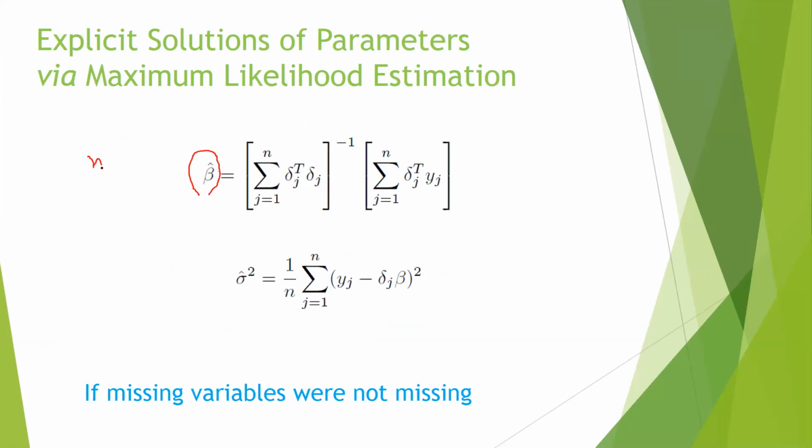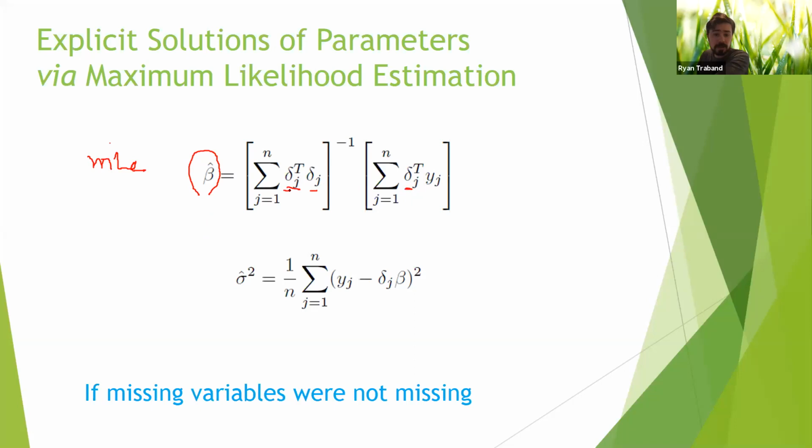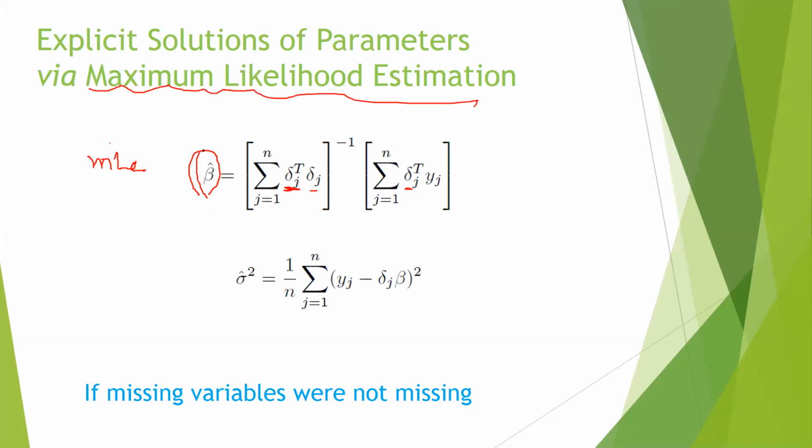Now, once we have all this set up, we can have the MLE. If we knew this beta hat, so suppose this data are known, we can easily get the MLE for this beta, right?